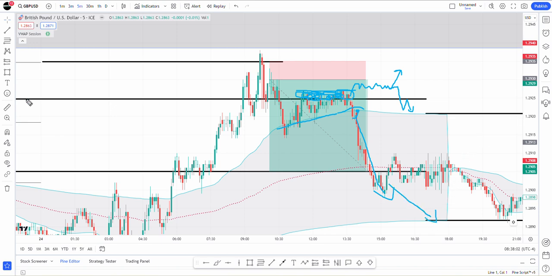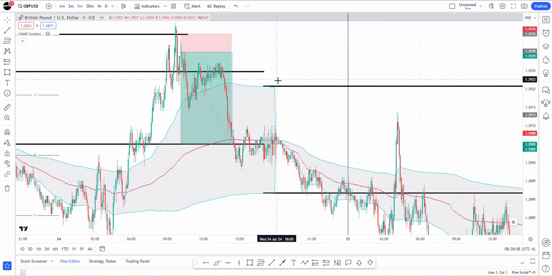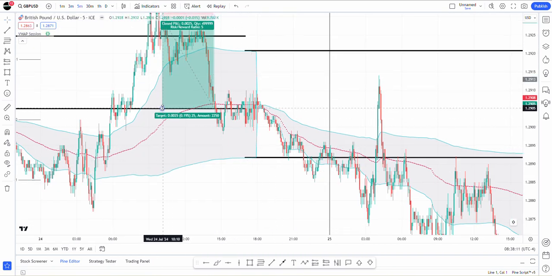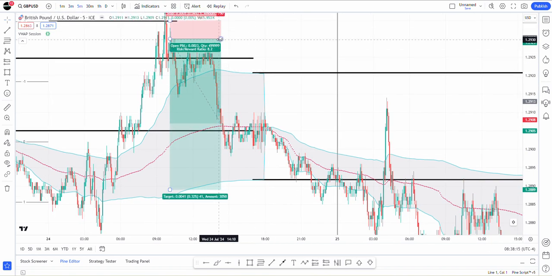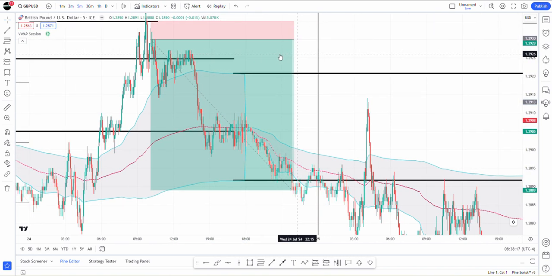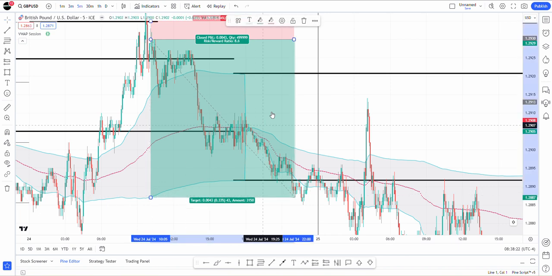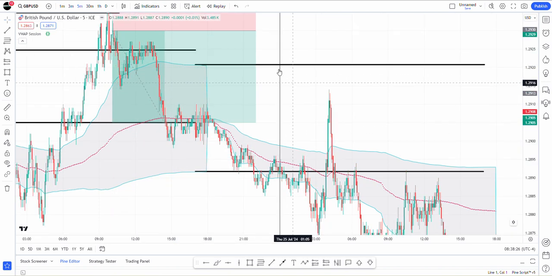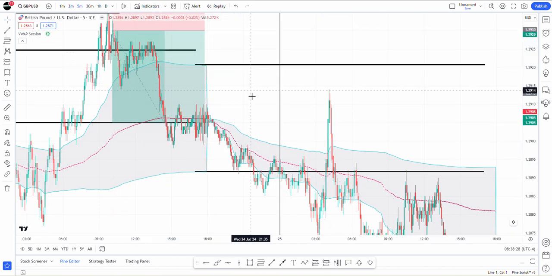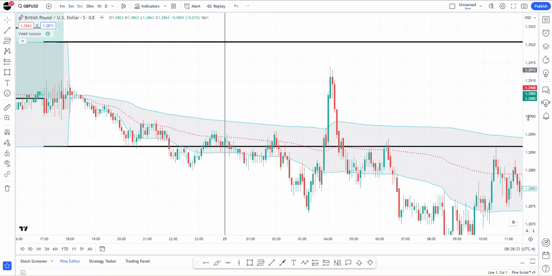Oh, but down here. Yep, it does get there eventually. A 1 to 8 if you took that, and a 1 to 5 if you took the other level.